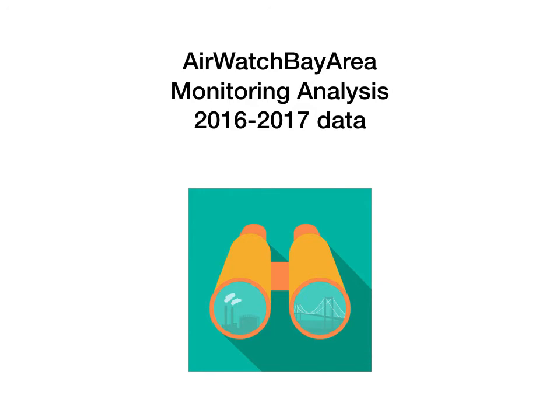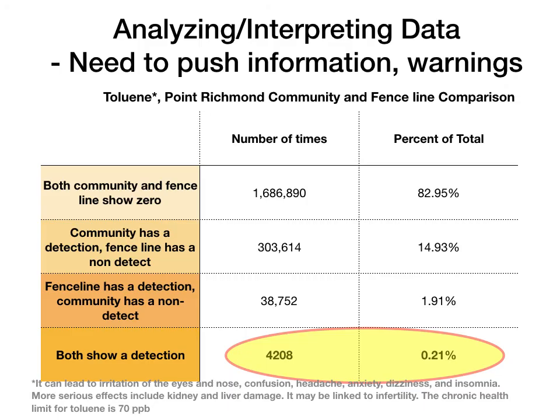AirWatch Bay Area did a monitoring analysis of 2016 and 2017 data from the Richmond, California Chevron. If you note the highlighted yellow ellipse for the dangerous toxic pollutant toluene, only 2.1% of the time did both the fence line and the community monitors detect the toxic pollutant.